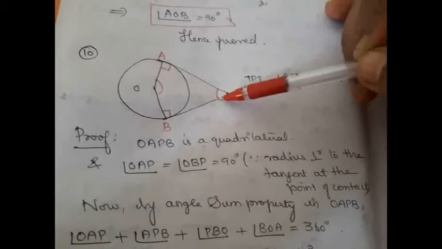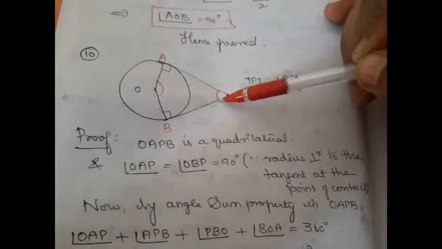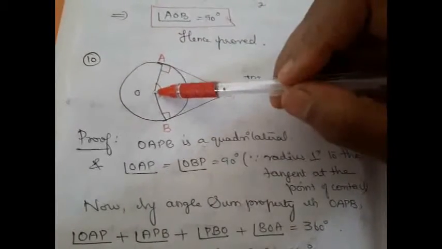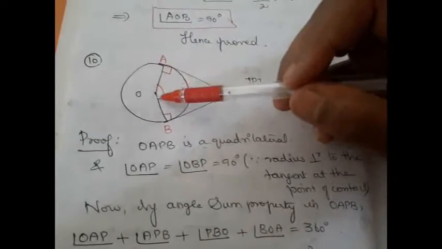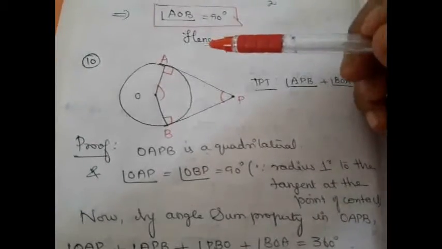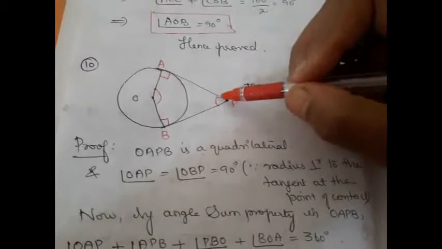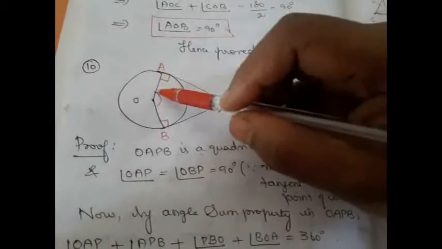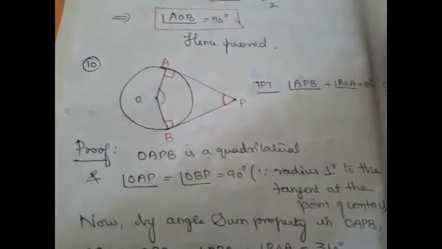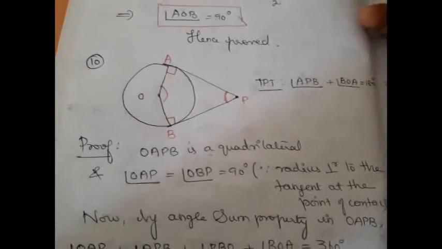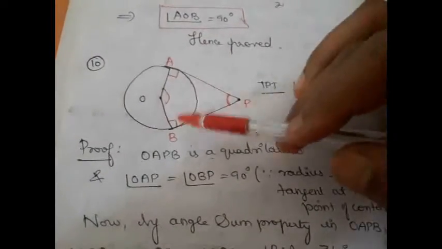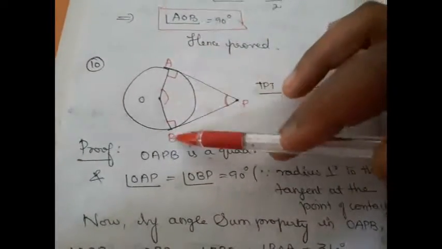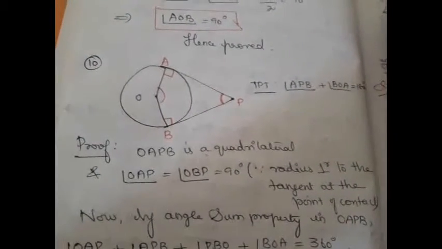It is supplementary to the angle subtended by the line segment joining the points of contact at the center. So what do they say? We need to prove that this angle is supplementary to this angle. Supplementary means the sum of those two angles is 180 degrees. So we need to prove angle APB plus angle AOB is equal to 180 degrees. That's what we need to prove.